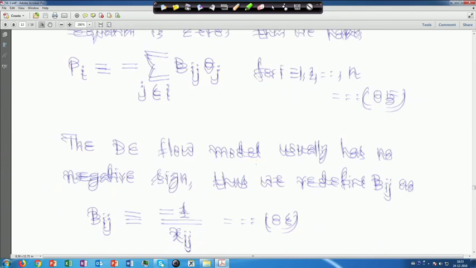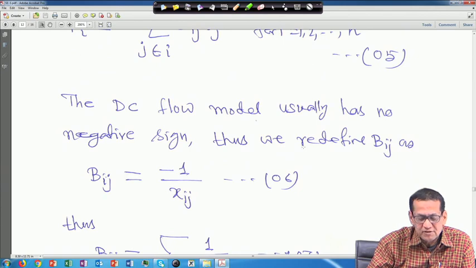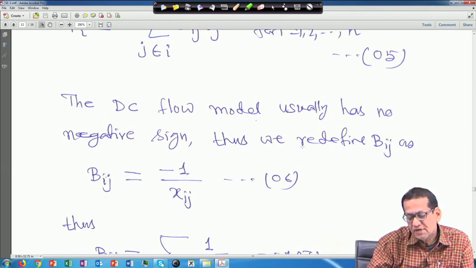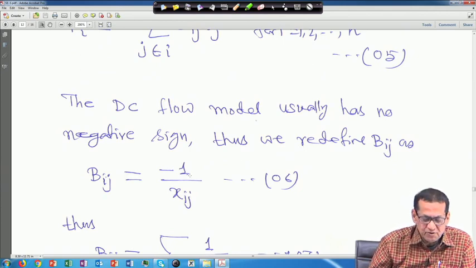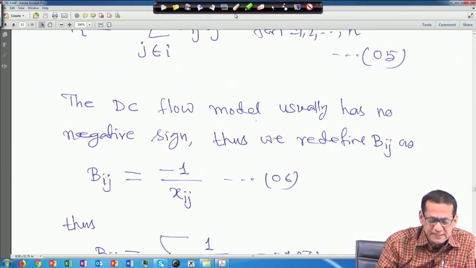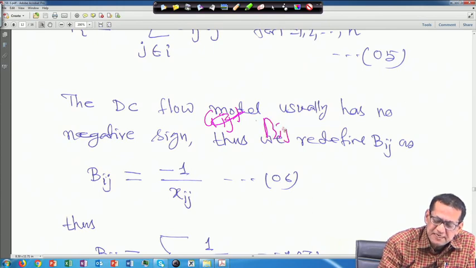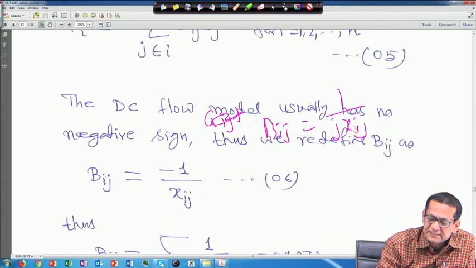The DC load flow model usually has no negative sign, thus B_ij will be minus 1 upon x_ij. Actually, what we will do now, since the DC load flow has no negative sign, we can write G_ij, forgetting about that, B_ij equal to 1 upon j x_ij, this we know.